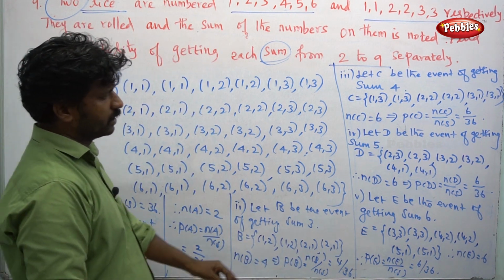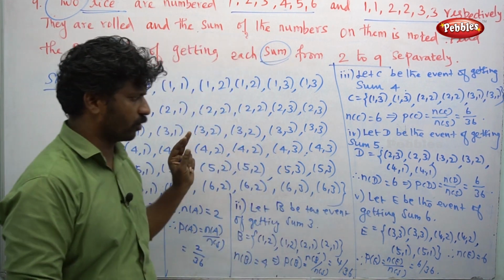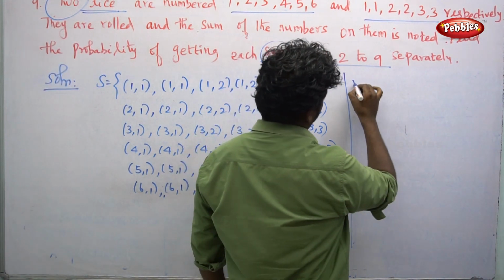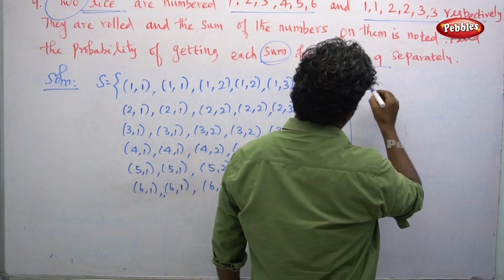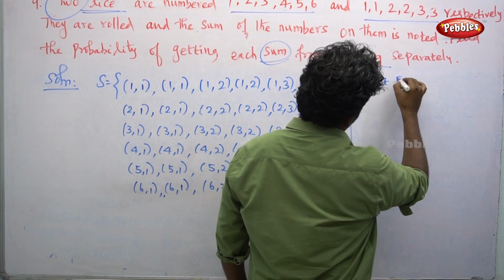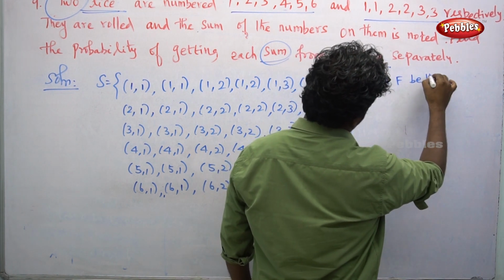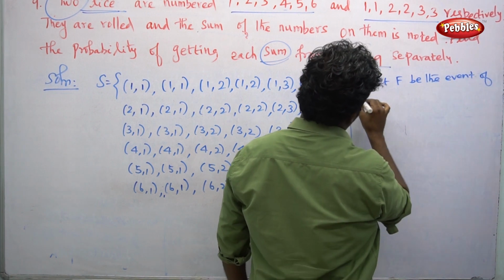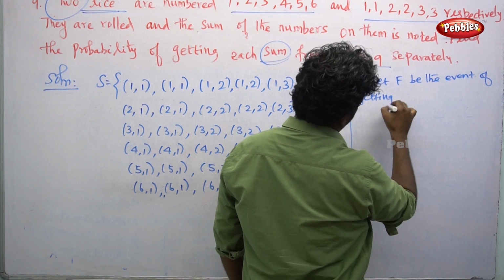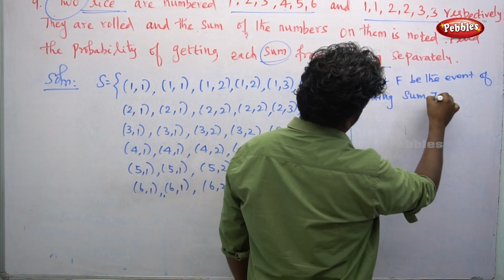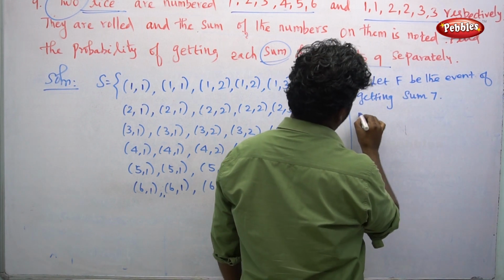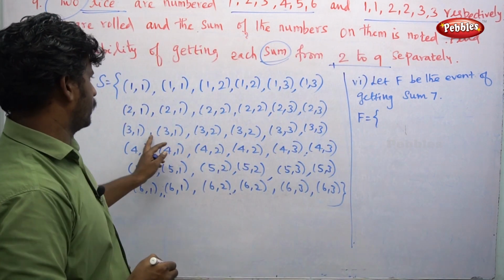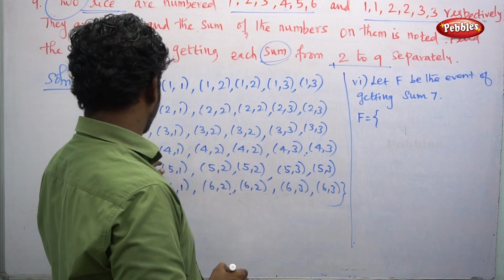ஸோ இப்போ அடுத்து வந்து sum 7 வர மாதிரி நம்ம போட போகிறோம். Let F be the event of getting sum 7, சரிங்களா. ஸோ F is equal to, 7 வர மாதிரி உள்ள நம்பர்ஸ்லாம் பாருங்கள். இது வரைக்கும் 3, 3 தான் 6 தான் வந்திருக்கு.